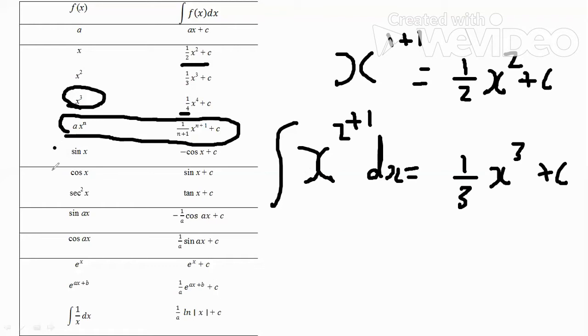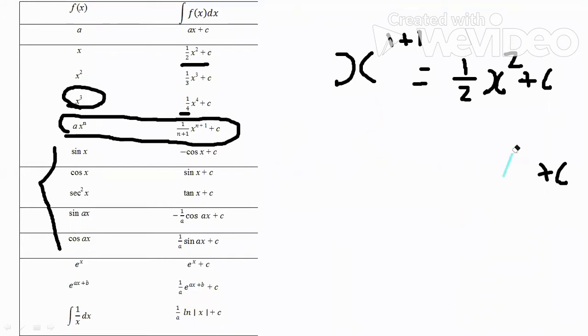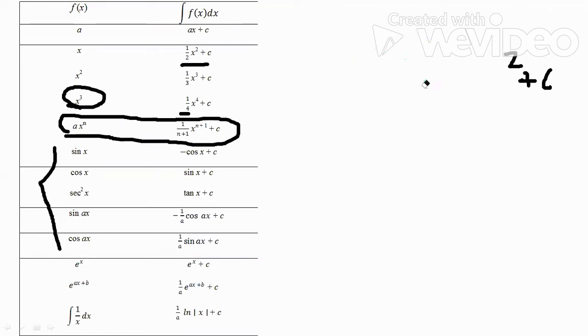Now you have some special cases like trig functions. When we integrate trig functions and when we differentiate trig functions, this is a bit different. You probably know that if you differentiate sine, you will get cos. And if you integrate cos, you're going to get back sine.